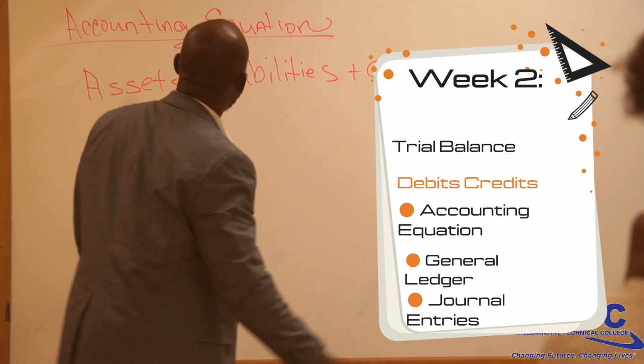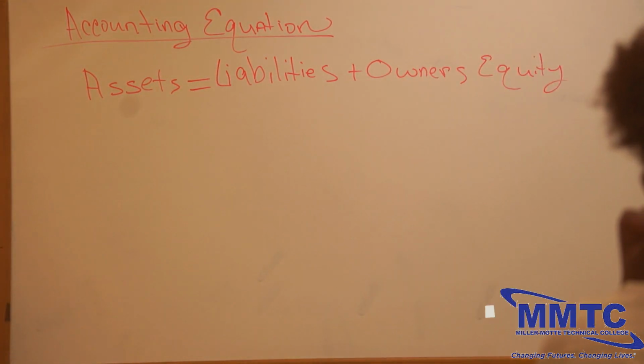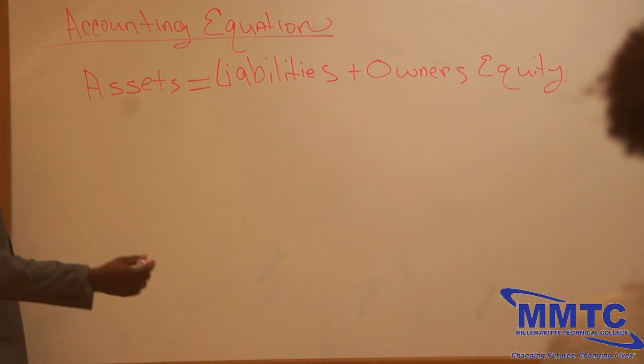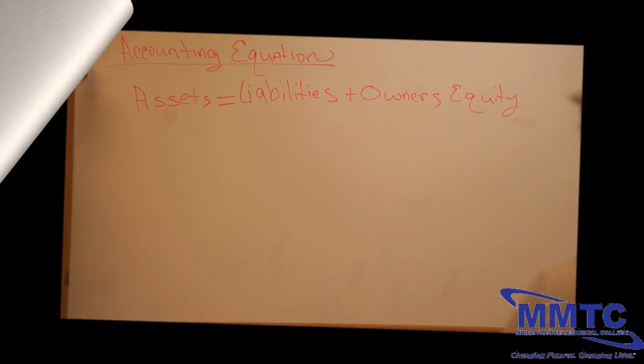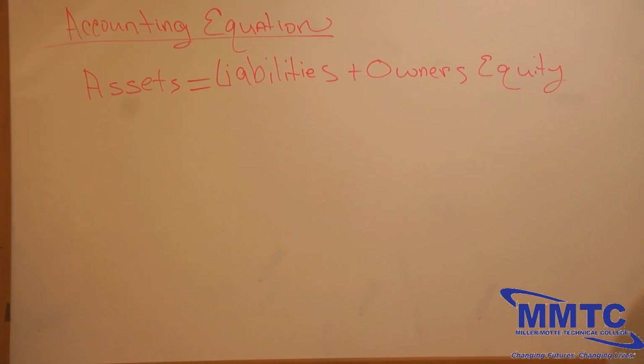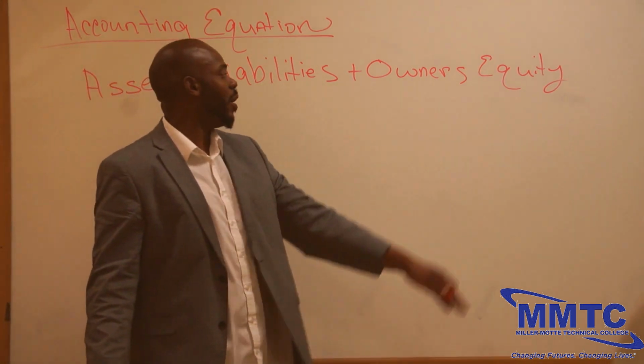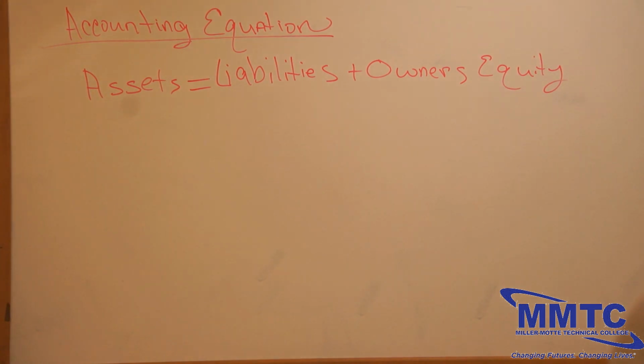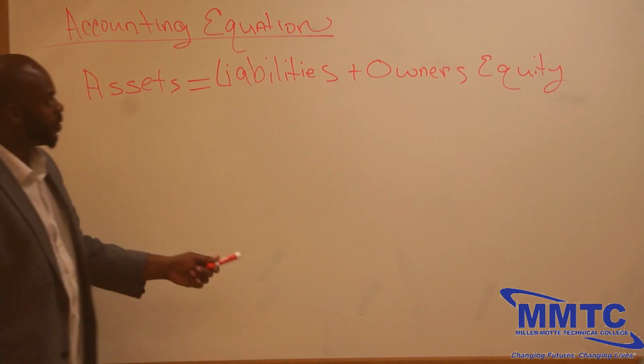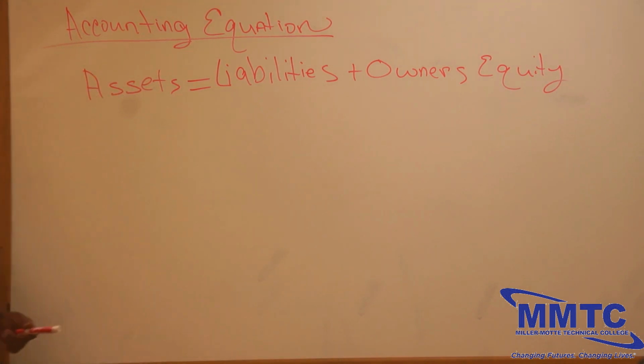Alright. Remember that one. Assets equals liabilities plus owner's equity. The accounting equation is something you have to have. You go up to accounting 2, it's just things that you have to have. In those little word problems, they might give us 2 out of these 3 components.